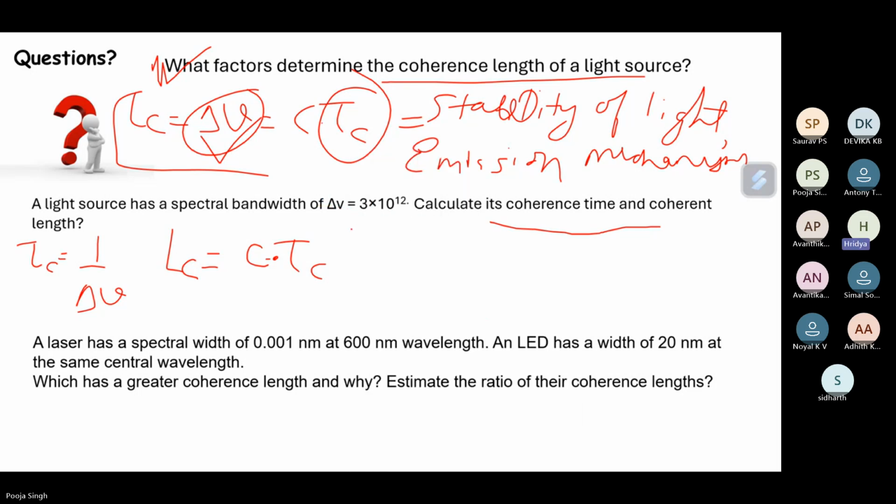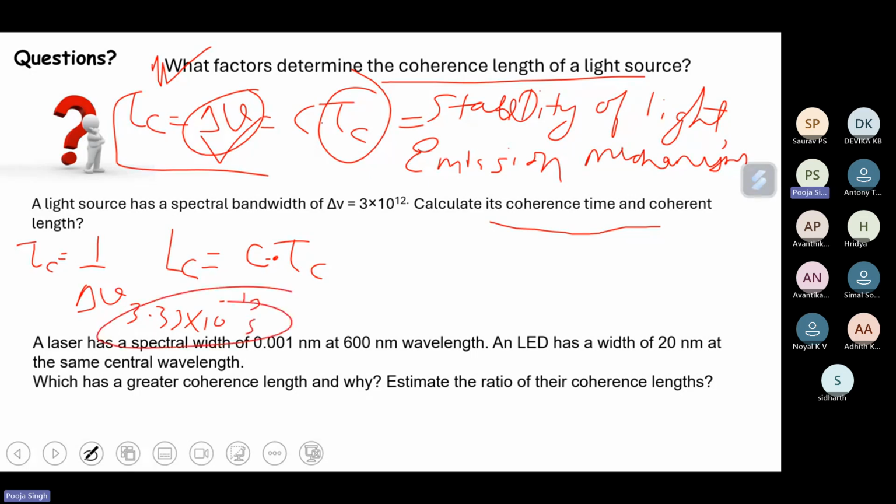TC is equal to 3.33 into 10 raised to minus 13. It is correct. Yeah, this is correct. And LC? 0.0001.